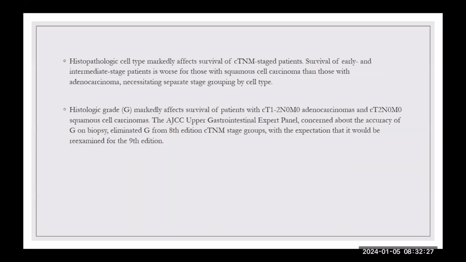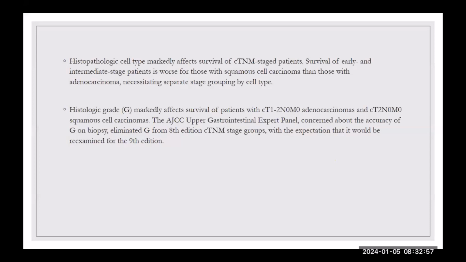Histopathological subtypes markedly affect the survival and clinical TNM staging in patients. And survival of early intermediate stage patients is worse for those with squamous cell carcinoma as compared to that of adenocarcinoma, which necessitates the separate staging and grouping of the cell types. So this new AJCC classification classifies staging of adenocarcinoma and squamous cell carcinoma separately.